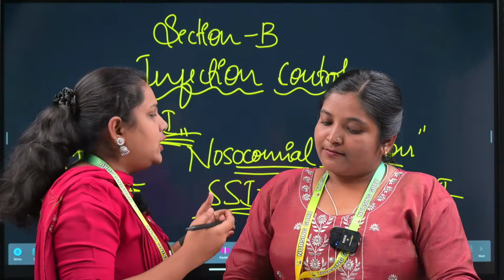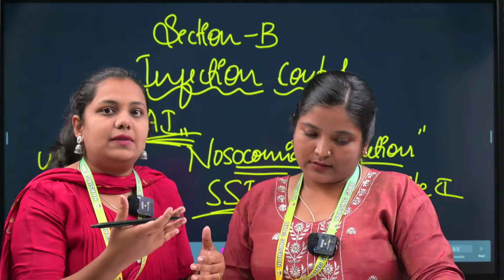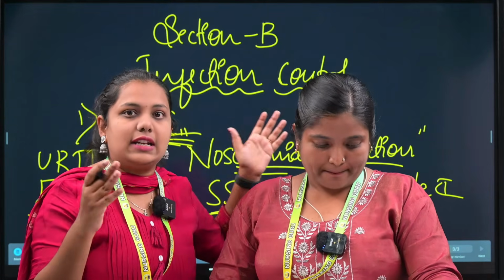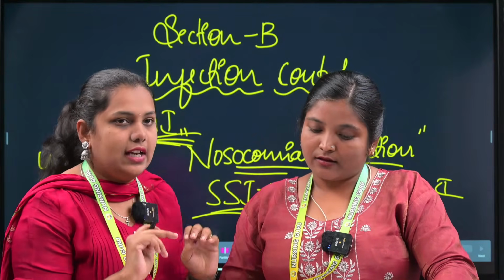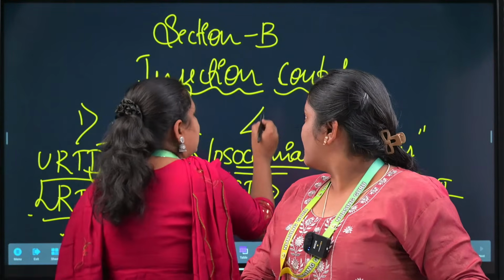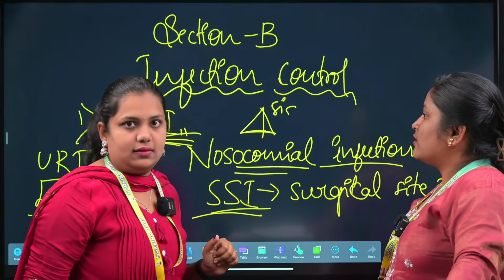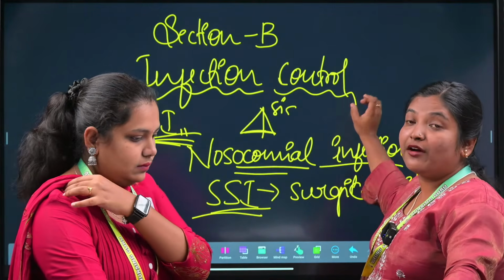After that you can come to the signs and symptoms part, you have to mention that. Then mode of transmission, how this nosocomial infection is transmitted from one person to another person, you have to write. Then you can go with the diagnostic measures, how nosocomial infection is diagnosed. After that, you must write about the prevention.